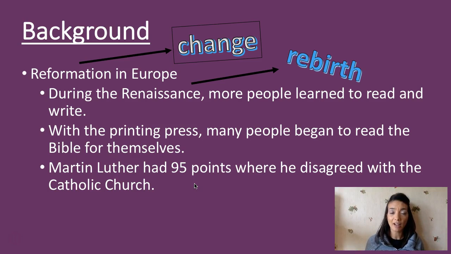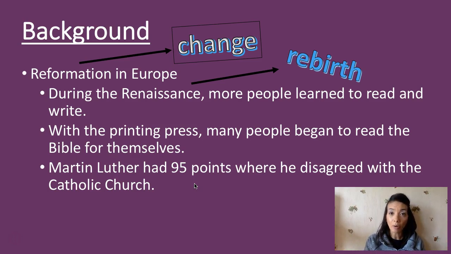He writes these down, he posts them on a wall for everyone to read, and then there becomes this conversation about, do I really agree with the Catholic Church? I guess I don't agree with the Catholic Church. And so they started to talk about these different disagreements.